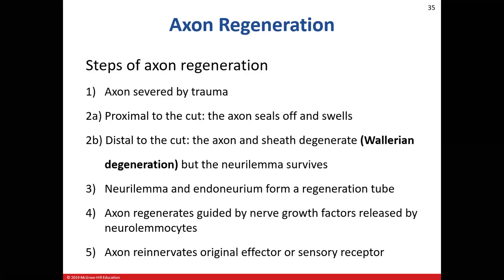The neurolemma and the endoneurium form a regeneration tube, and this allows the axon to regenerate, guided by certain nerve growth factors that are released by the neurolemmacytes. The axon then is going to reinnervate its original effector or its original sensory receptor.